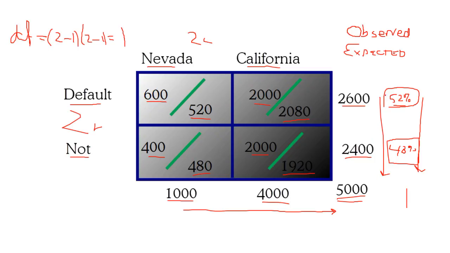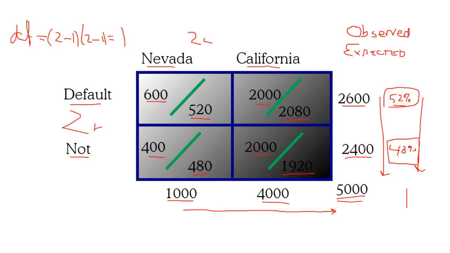So again, 52% of 1,000, 48% of 1,000. The other way you can do it is not even bother with that. If you really want to just do some math, take 1,000 times 2,600 divide by 5,000, that number goes there. Take 1,000 times 2,400 divide by 5,000, that number goes there. Take 4,000 times 2,600 divide by 5,000, that number goes there.